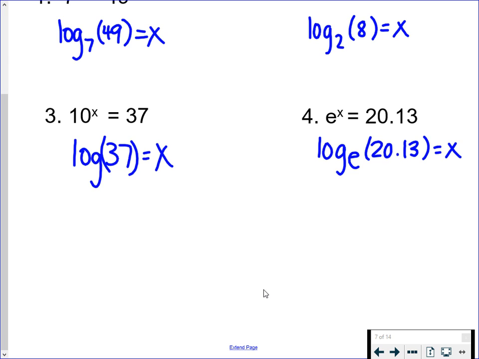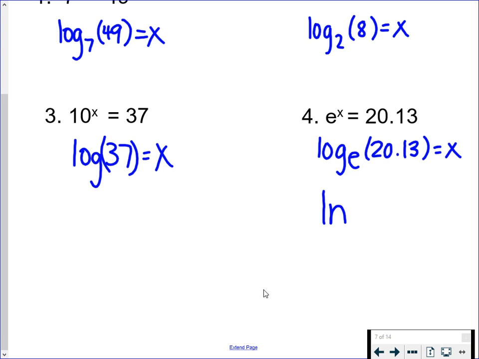Look on your calculator for a second. Look right next to the button 4. See how it says ln? That's natural log. Natural log has the base e.